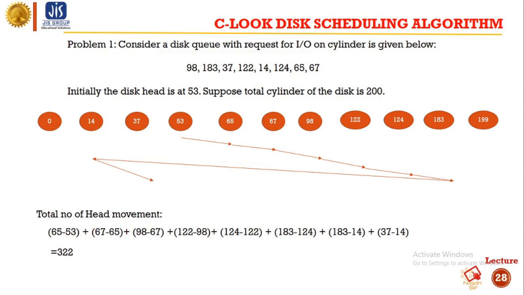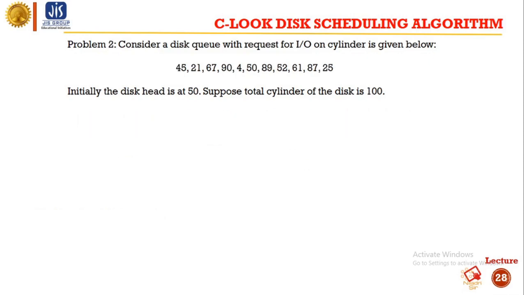Okay, so let's do another example. See here you can see the cylinders are 45, 21, 67, 94, 50, 89, 52, 61, 87 and 25. And initially the disc head is at 50. Okay, and the total cylinder of the disc is 100.